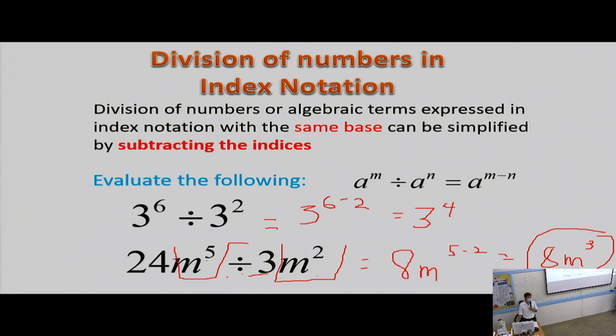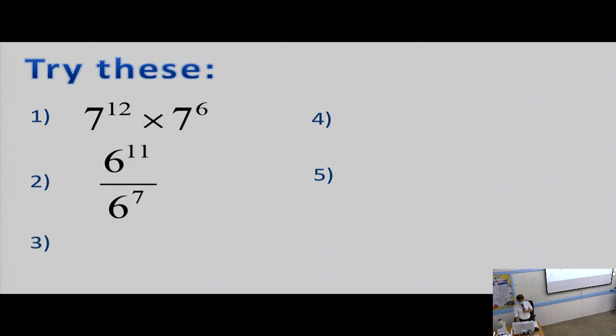Okay? Do you understand? Okay. If you understand, let us try this one. 7 to the power of 12. This should be division. Okay, let's edit this one, let's make this division.